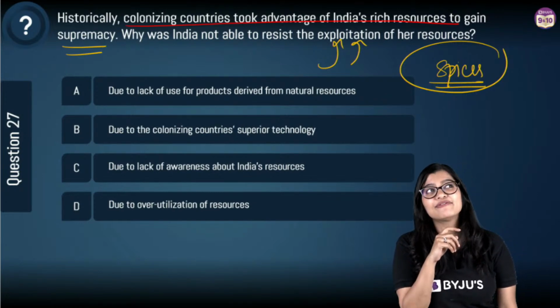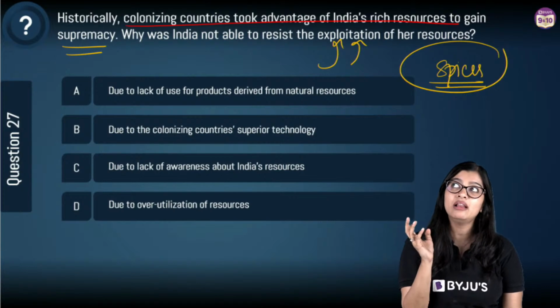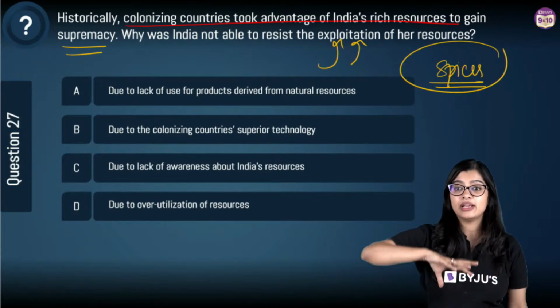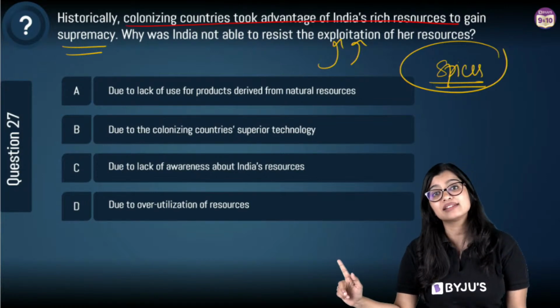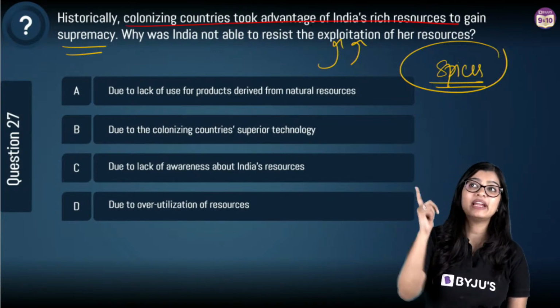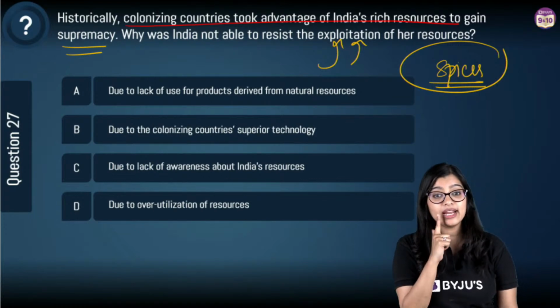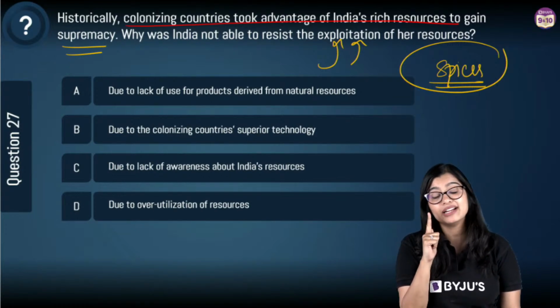But think about large scale export of spices, right? If we wanted to do large scale export of spices, we maybe did not have enough technology, so we didn't think of it.